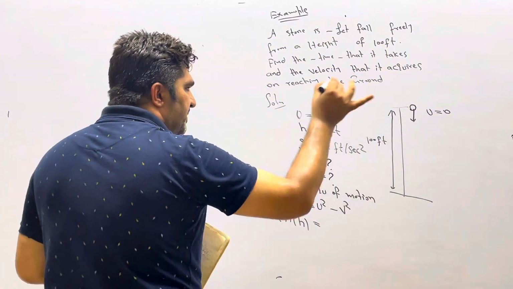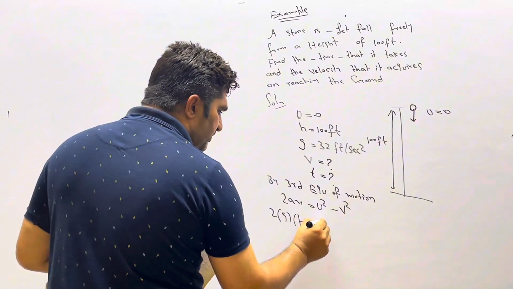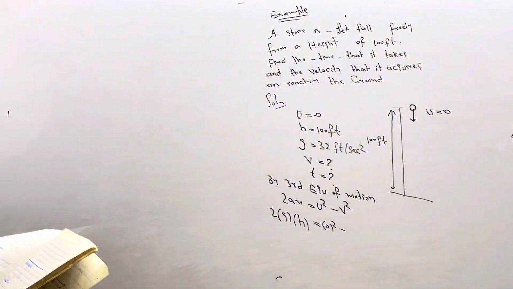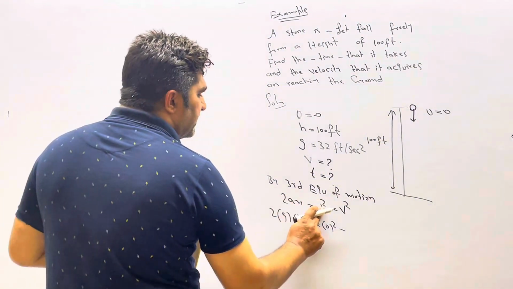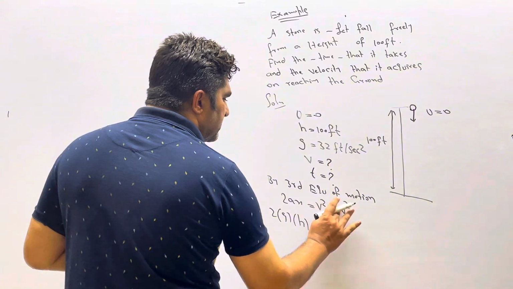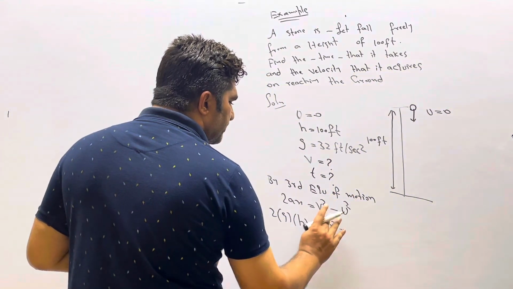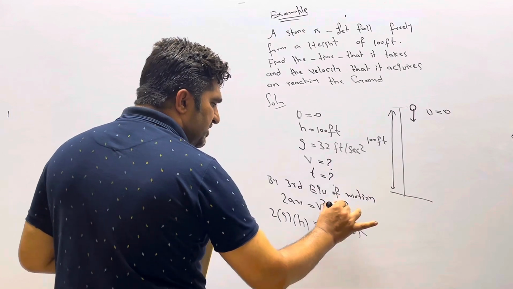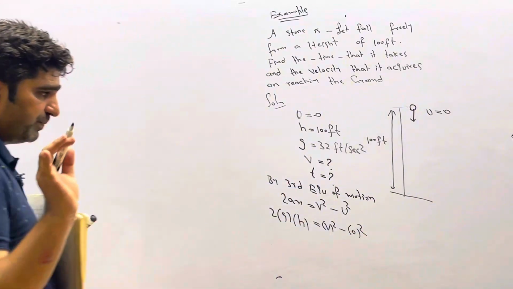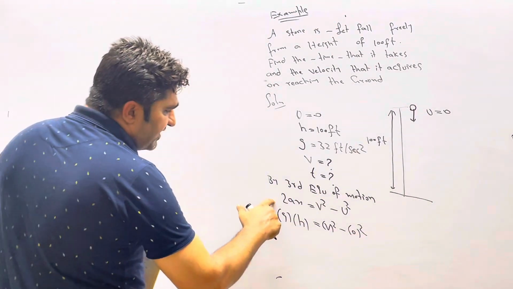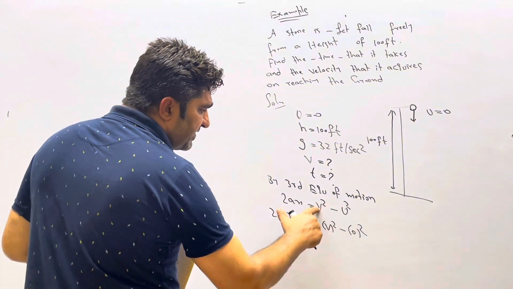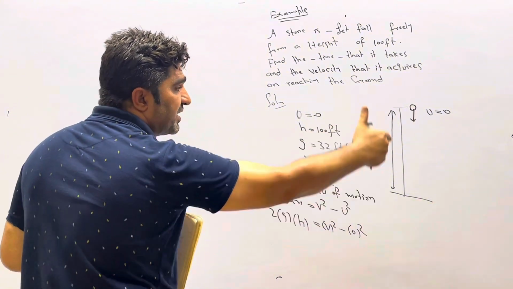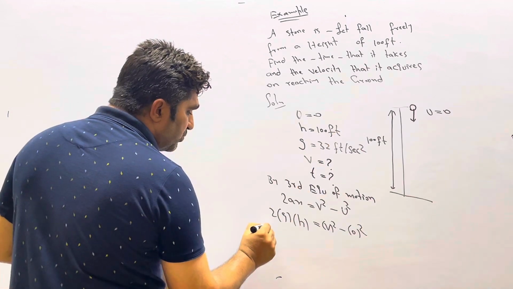Because the particle is let fall, its initial velocity will be 0, so u will be 0. V is the final velocity that I want to find out. U is the initial velocity, because again and again I'm telling you the particle is let fall, so 2g.